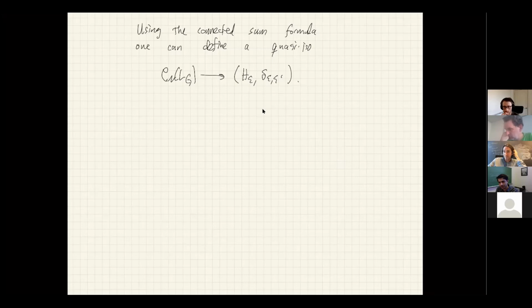So you said that you identify the homology of the first page with the lattice complex, and the differential is the obvious one. The differential is the obvious one, but the point is that you can define a map, and the way you can define a map is as follows.